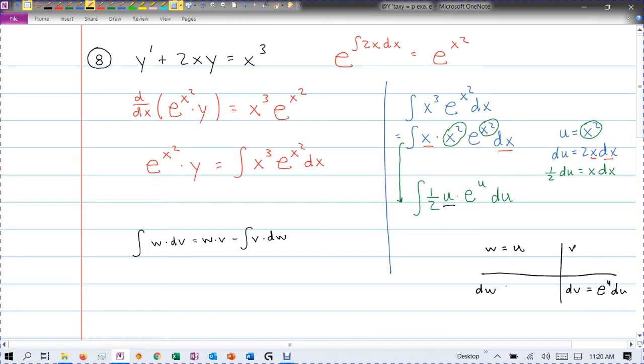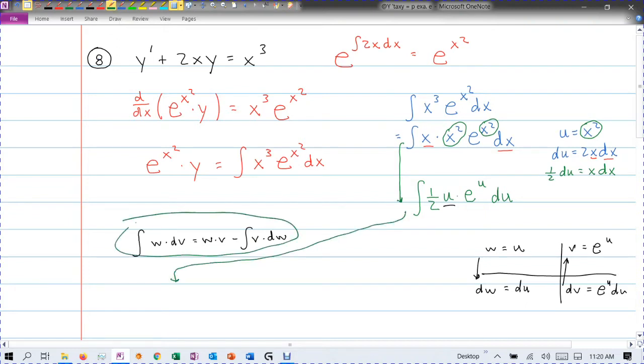Now we figure out what dw is. We take the derivative here, that's du. Up here we're integrating, so the antiderivative of e to the u is itself, e to the u. According to this formula, this integral becomes w, which is u, times v, which is e to the u, minus the integral of v, which is e to the u, and then dw, which is du.